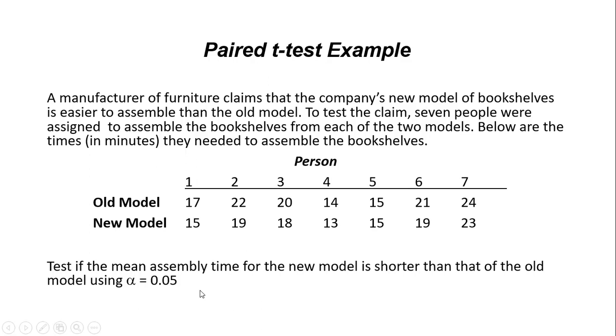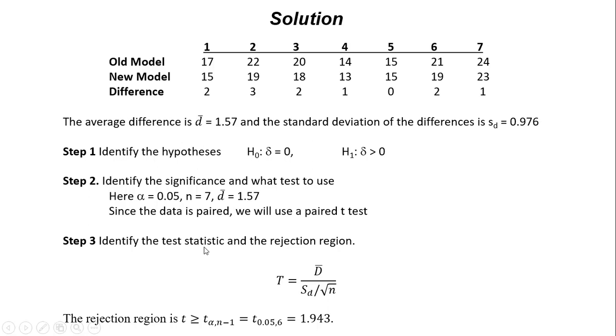So notice how the data occurs in natural pairs over here. Each person assembles both models. So this will have the effect of a lower standard deviation compared to the case if we treated this as one sample and this as two samples. Okay, so our first step is to look at the differences.